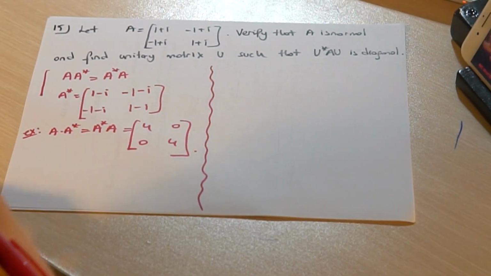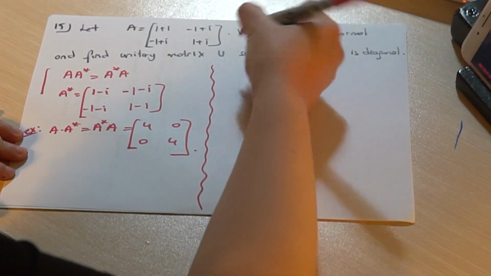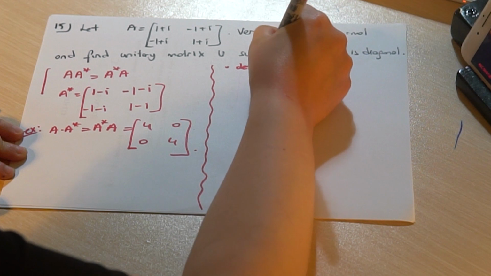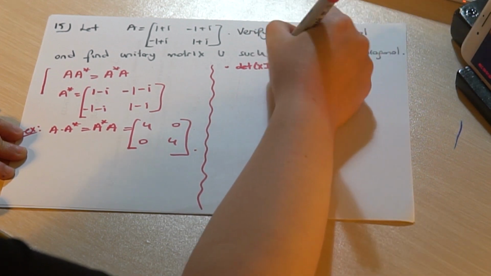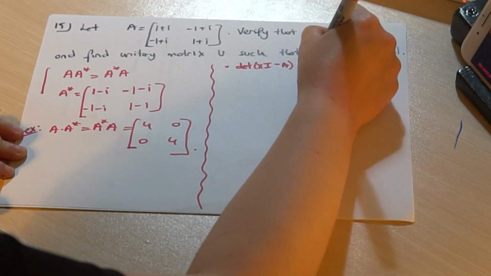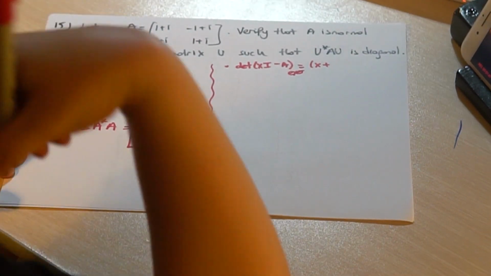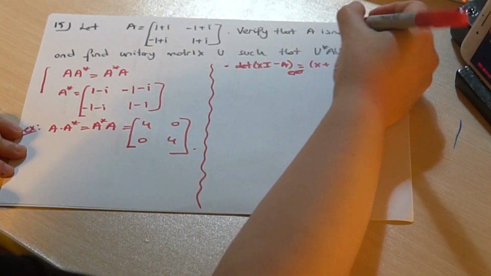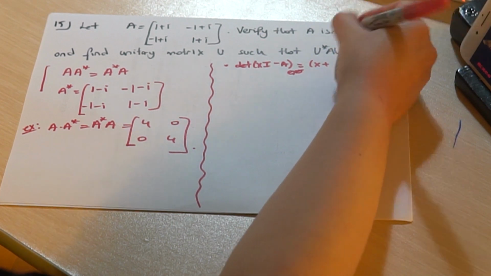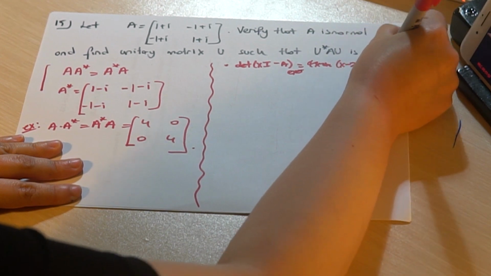To find this, we need to find the eigenvalues and eigenvectors of A. Now, as we did a lot of times, we will look at the determinant of xI minus A, and this will give us, this is also an exercise for you. We did this thing a lot of times. (x minus 2i)(x minus 2).